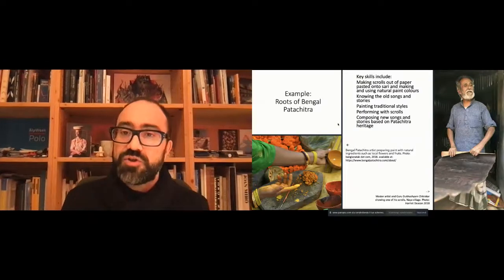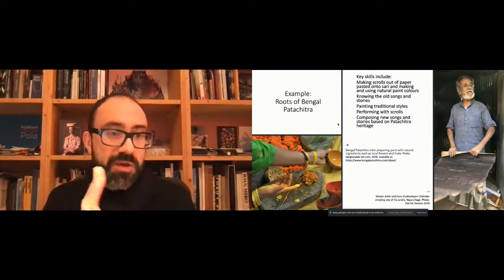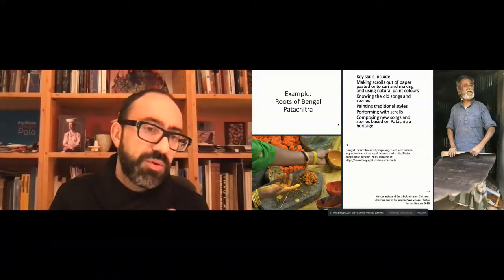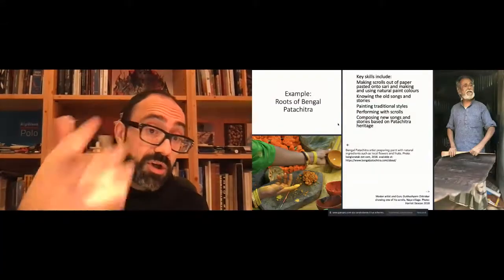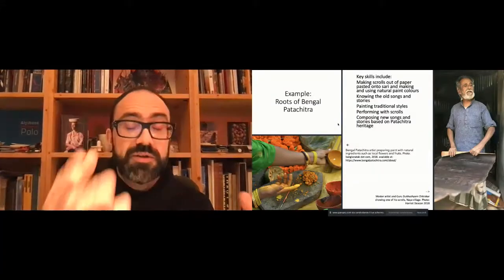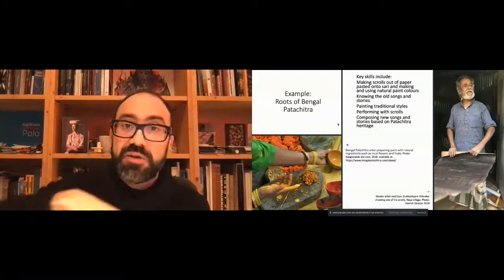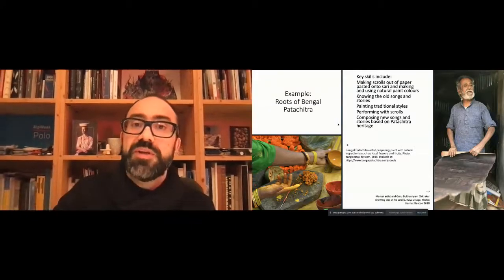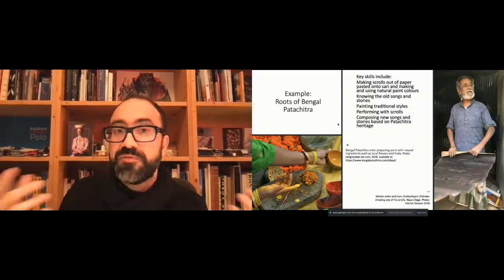In this tradition, the important skills are making colors, which very often women tended to do, based on natural ingredients like fruits, flowers, roots and leaves, then painting. The scrolls were made with paper pasted on sari or other fabrics.